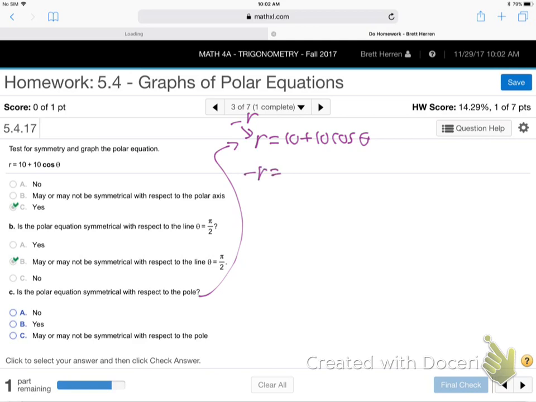So you put in negative r, and you simplify, but there's really nothing to simplify. Is that the same as the original? No. So that's a may or may not. It may or may not have pole symmetry, origin symmetry. Good.